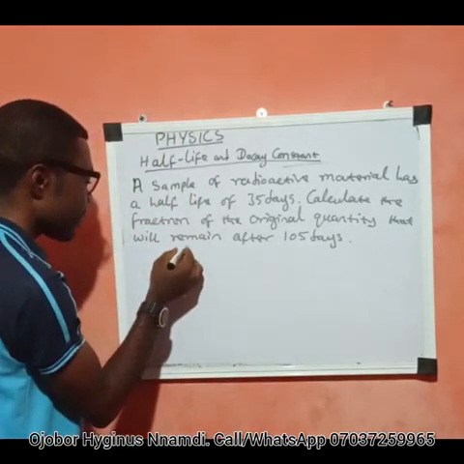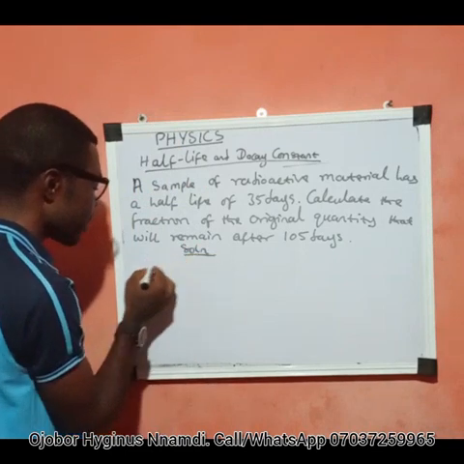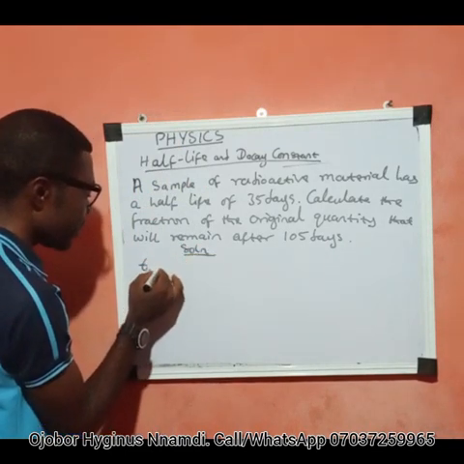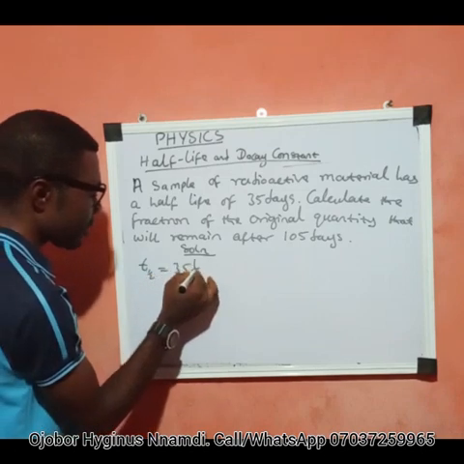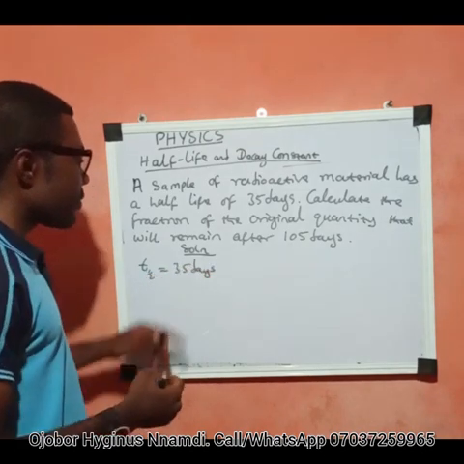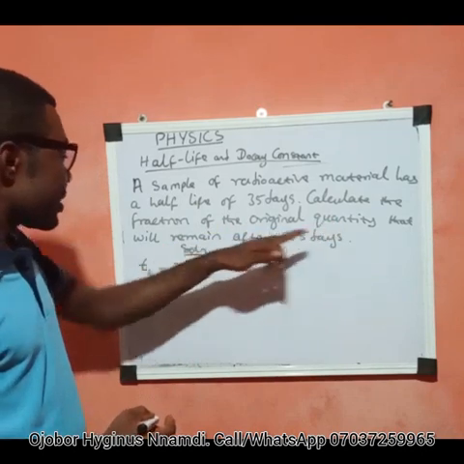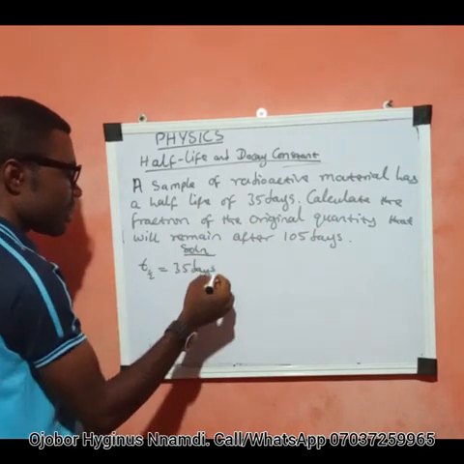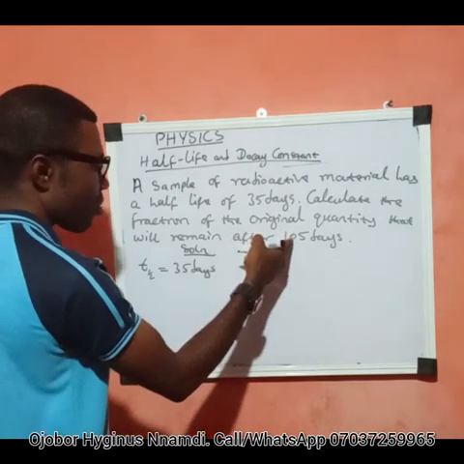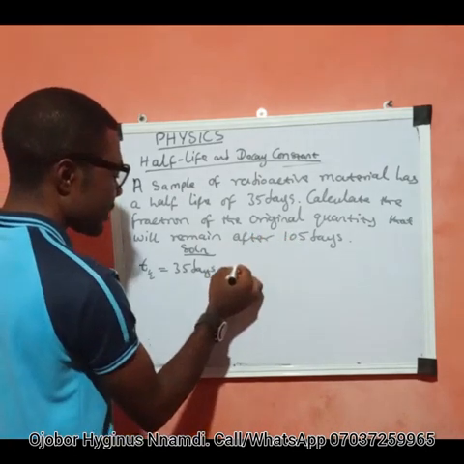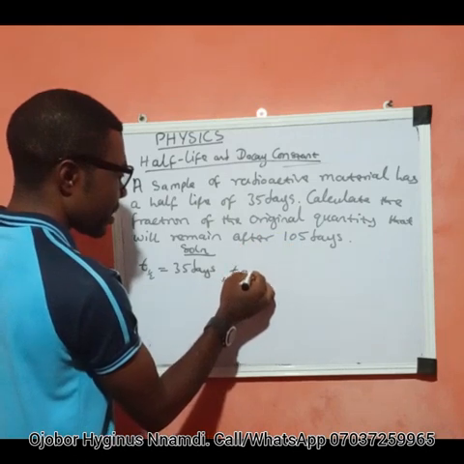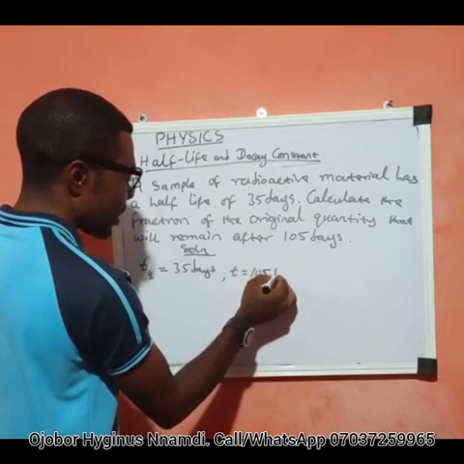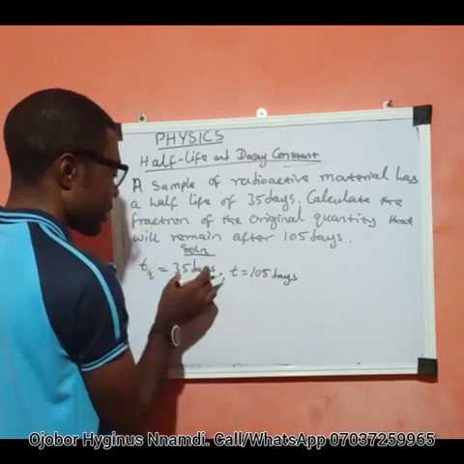Half-life of 35 days is a given, so we say that T half is 35 days. Calculate the fraction of the original quantity that will remain after 105 days. That is, the time for decay is 105 days, while the half-life is 35 days.